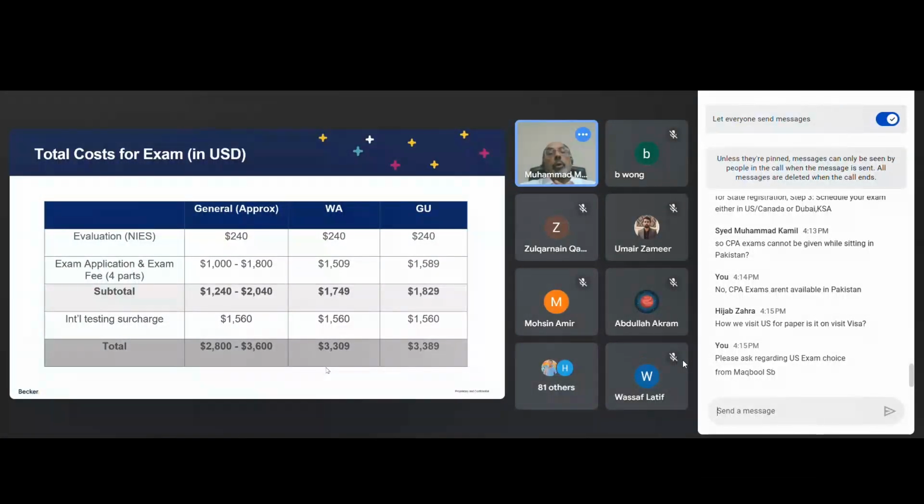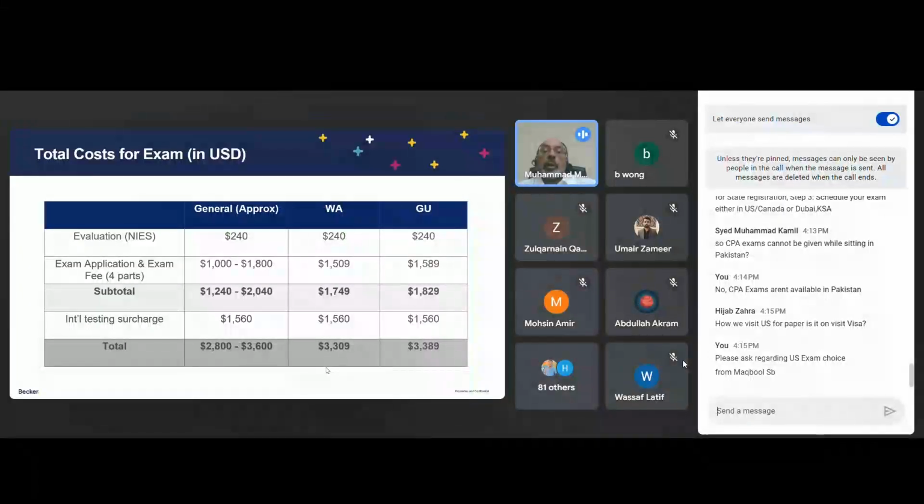You pay $240 for NASBA evaluation of your foreign credential, foreign qualification, and then generally from $1,000 to $1,800 to take the four parts of the exam. Washington, you can see, is 1509, and Guam is 1589. Specifically we told you about Washington and Guam as well.